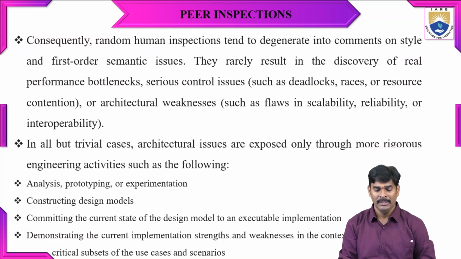So mainly in these cases, the architecture issues are exposed only through more rigorous engineering activities. It means they can have the general inspection in the software, the documentation, or the requirements. When they look at the architecture issues, they need to do the inspection more rigorously, such as analysis, prototyping, or experimentation.